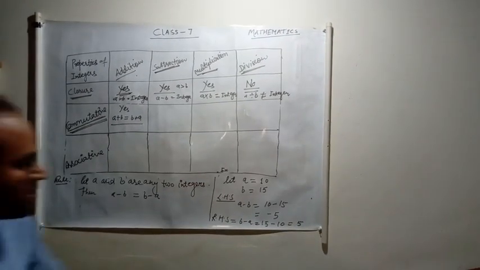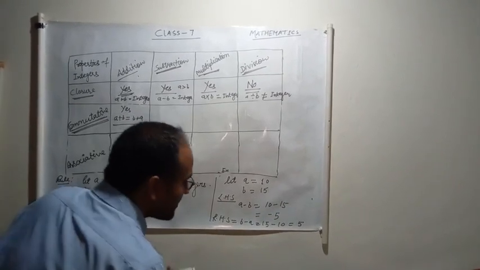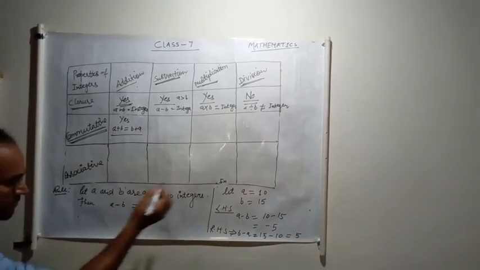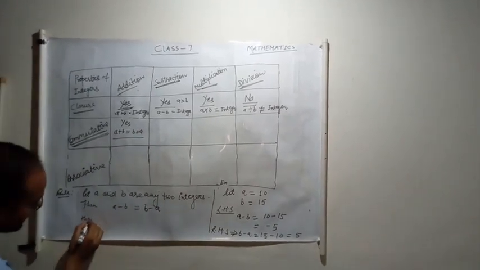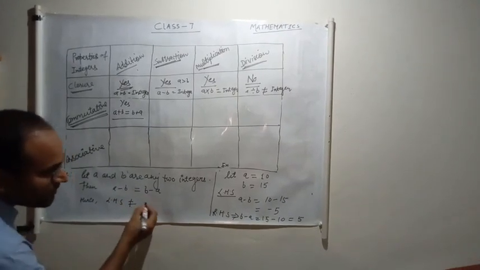So can you see this one? A minus B is equal to minus 5 and B minus A is equal to plus 5. Are both equal? No. You can see this with this example. Hence the left hand side is not equal to the right hand side.